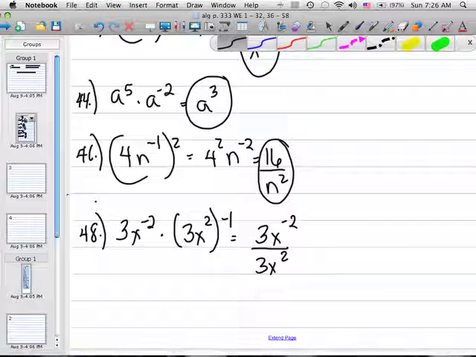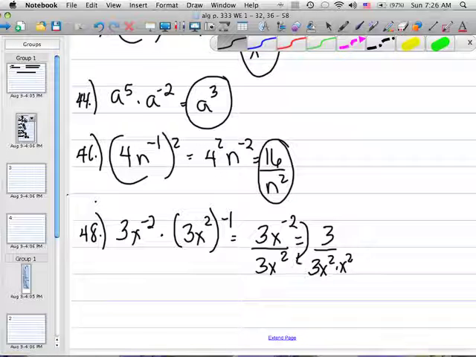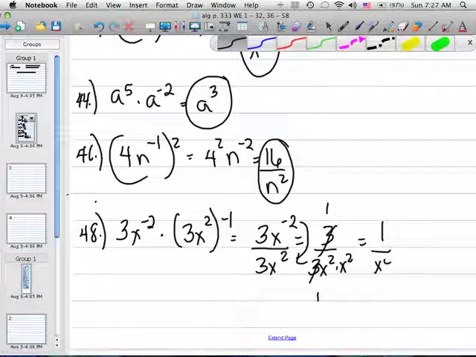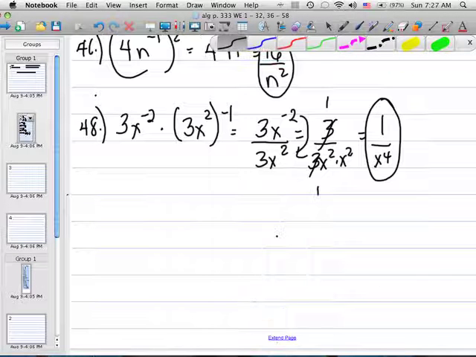And this is going to come down, so that's going to be 3 on top. On the bottom I have 3x squared times another x squared, because this is coming down. The 3's cancel out, and it's going to be 1 over x to the 4th. Again, you could have moved this down right away, multiplied this out. There's a couple ways to do it.